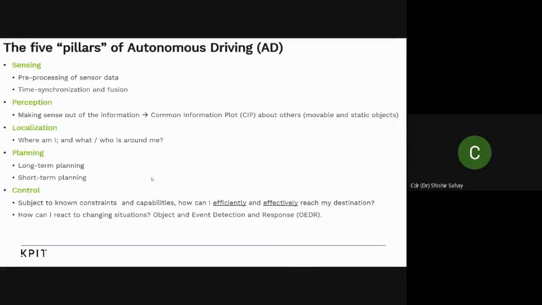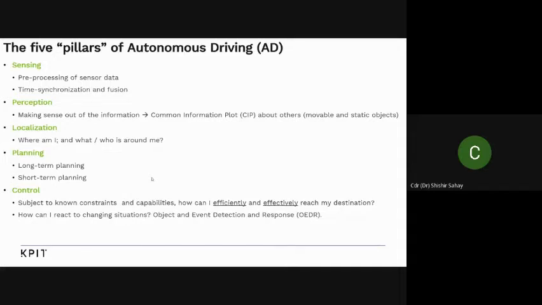And finally, control. But obviously, the control is with respect to some known constraints and capabilities. If you are driving a Tata Nano, which has limited power, obviously you will not have the guts, on a state highway, to overtake another vehicle when you can see that 200 meters from you there is another vehicle coming in the opposite direction. However, in a Ferrari, I can accelerate very quickly and quickly overtake and come to the left if you're driving in India.